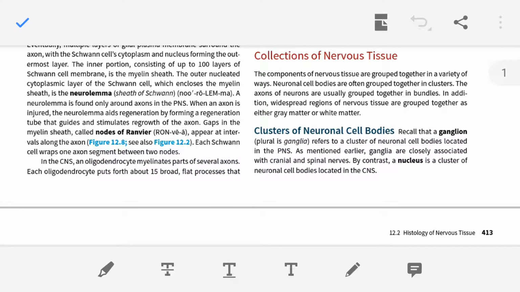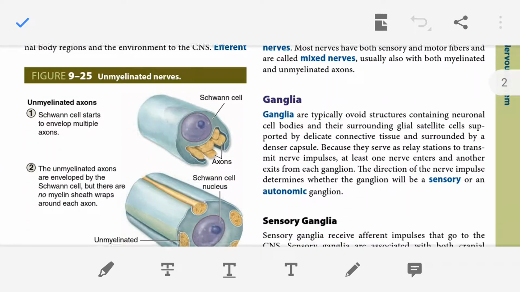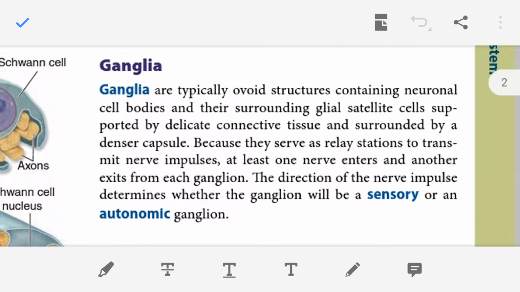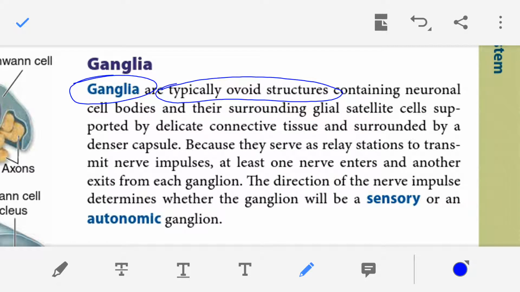Okay, now some more information regarding the ganglia. The ganglia are typically ovoid structures, and in the structure of ganglia, neuronal cell bodies are present. Then supporting glial satellite cells are present, surrounding these cell bodies.